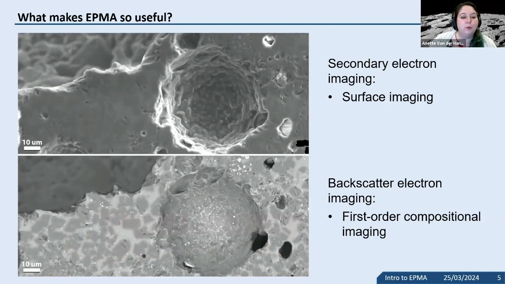And so we get first order information about the composition, and we can see if a material is overall homogeneous or is zoned, and what the type of zoning looks like if we have multiple phases. And that then helps us to determine where we want to analyze.